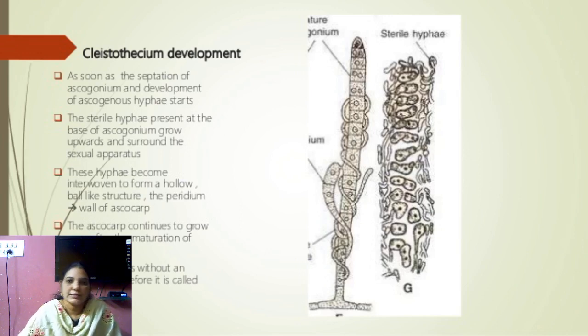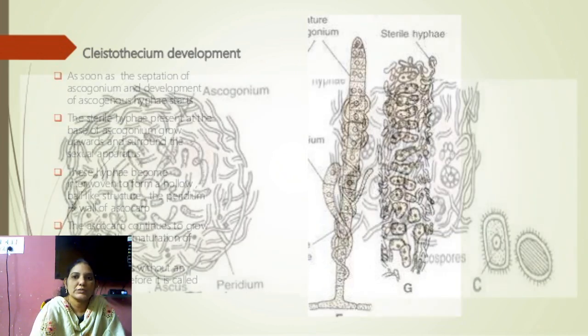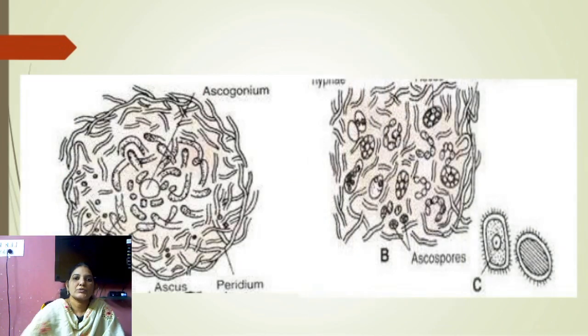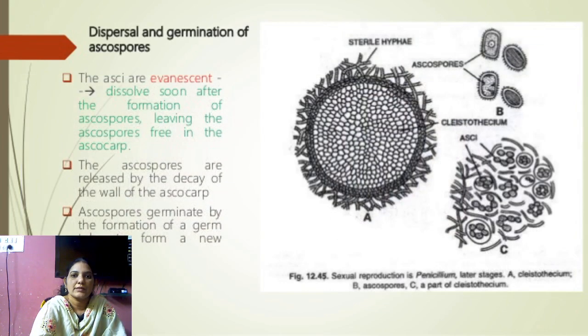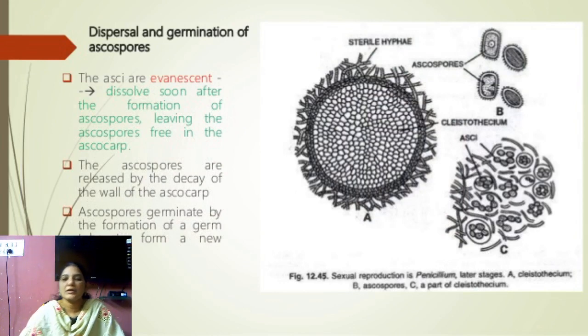We can see the second picture. So many asci are present, and each ascus has 8 ascospores. This is the cleistothecium. Then there is complete formation of ascospores.